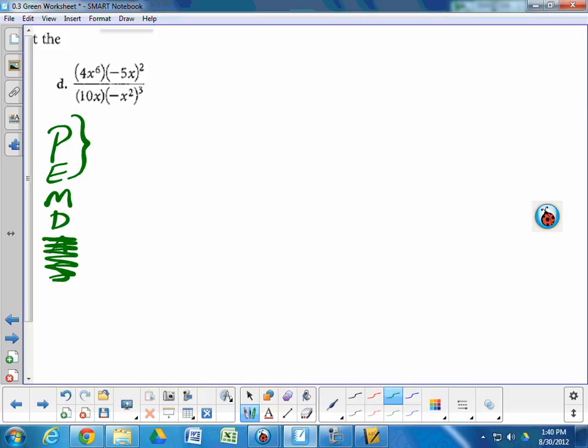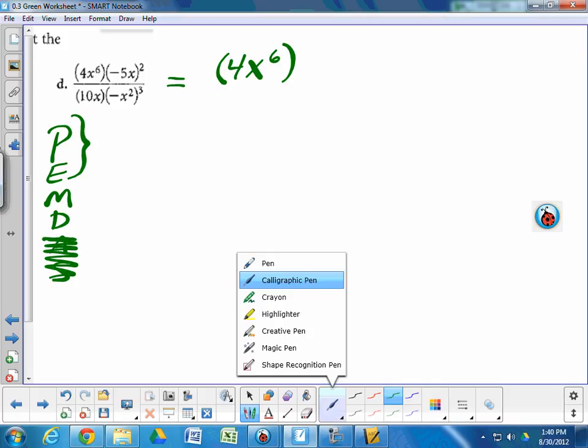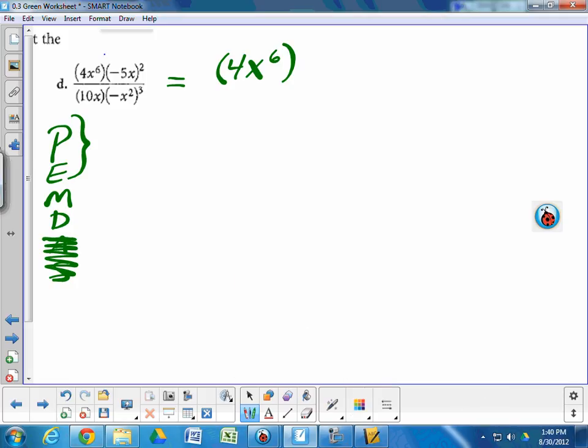All right? So in the numerator, we're going to do a couple things. We're going to leave the 4x to the 6th alone because it doesn't have another exponent on the outside. That's being applied to both of those factors, 4 and x to the 6th. So there's no exponent out here. If there was a little 3 here or something, then we would have to deal with that right now.